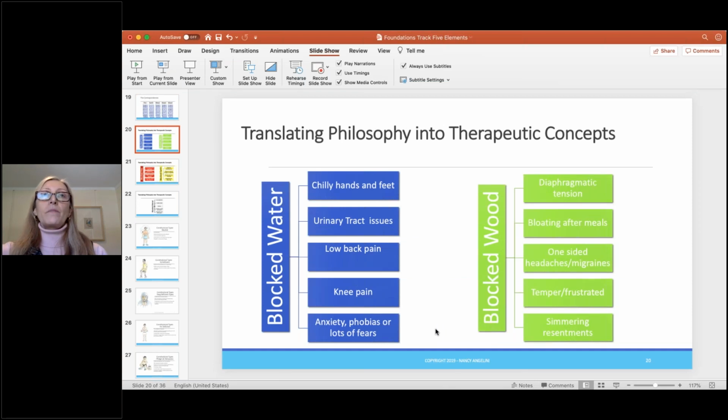Okay, so translating all this great philosophy into therapeutic concepts. When the ancient Chinese physicians spoke of the elements, they meant it, not just above, but so is below. And these all fit here with blocked water and blocked wood and blocked fire and blocked earth and blocked metal. Again, we're chunking them down into these separate pieces. But those of you who are saying, what if there's an overlap?